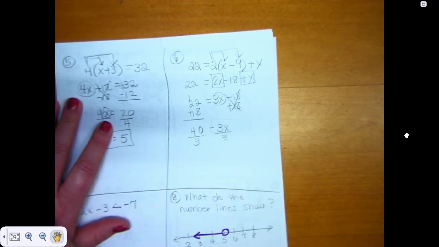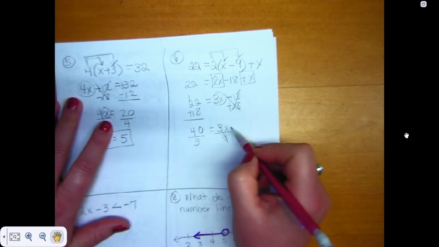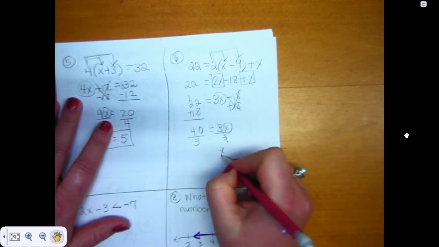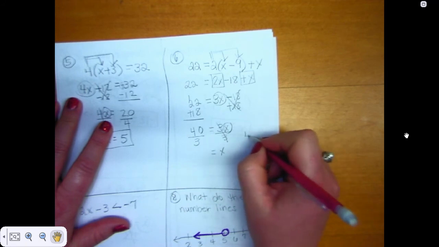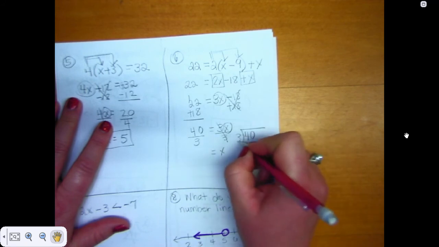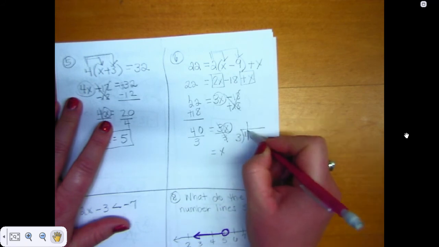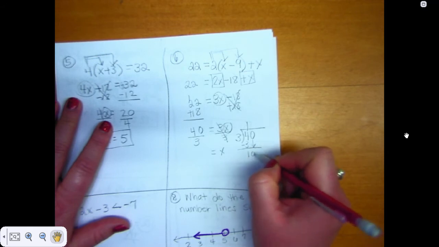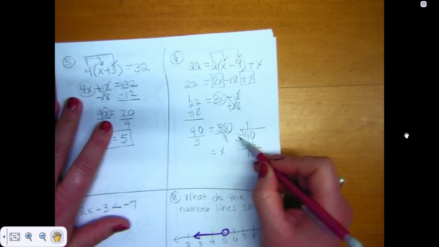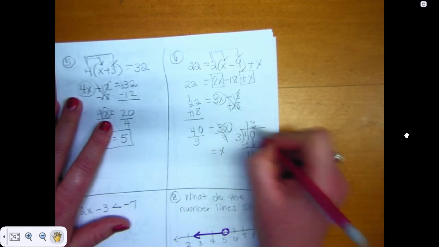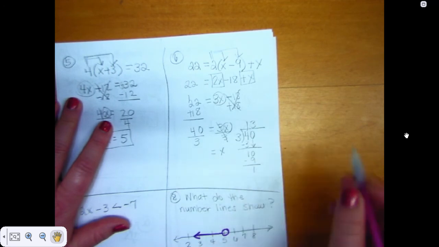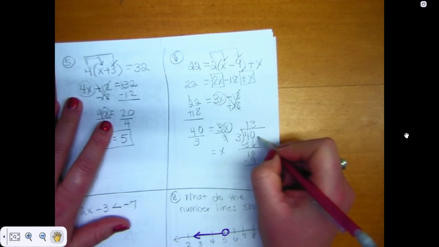This one is not going to equal a pretty number, and what I mean by a pretty number is just a whole number. So let's see what we get. So we have 40 divided by 3. 3 will go into 4 one time. 1 times 3 is 3. I subtract and I get 1. I bring down my 0. 3 will go into 10 3 times. 3 times 3 is 9. I subtract and I get 1. So I'm going to make this a decimal.